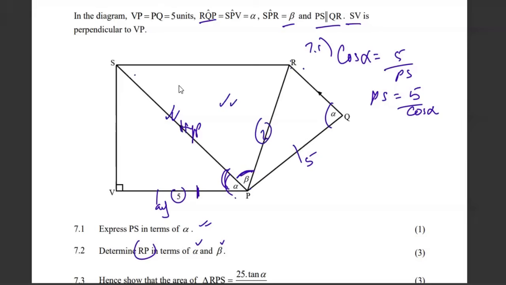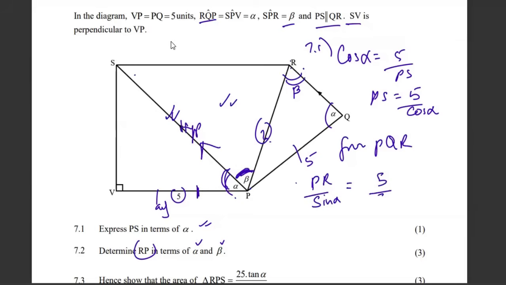But we know if these lines are parallel, if this is a beta, then even this angle here should be a beta. Then I'm going to use PQR, and apply the sine rule. PR over the sine of alpha should be the same as PQ, which is 5, over the sine of beta. So PR becomes 5 sine alpha over sine of beta.